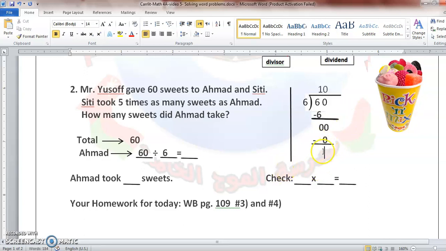So 60 divided by 6, the answer here is 10. So Ahmed took how many sweets? The answer is 10 sweets goes to Ahmed.